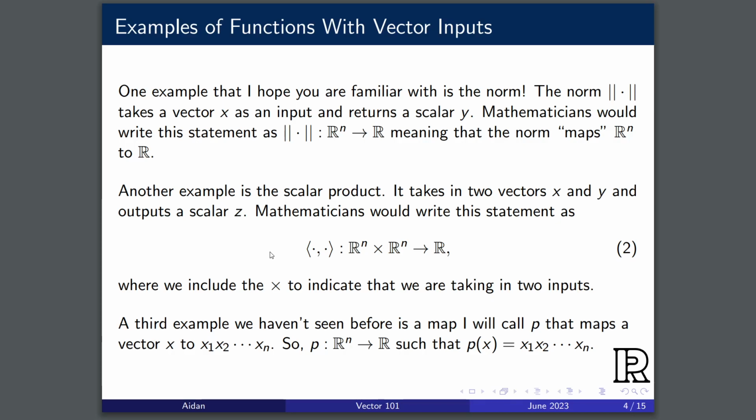If you were to implement multiplication in Lua or something, or write what it means to multiply every element in a list, that would be this function P. So these are all examples of functions that take in vectors and output numbers.